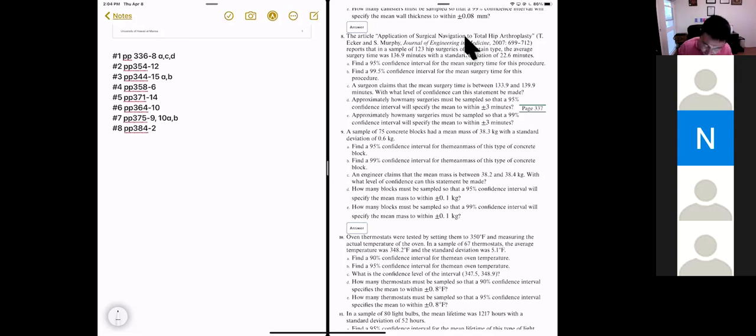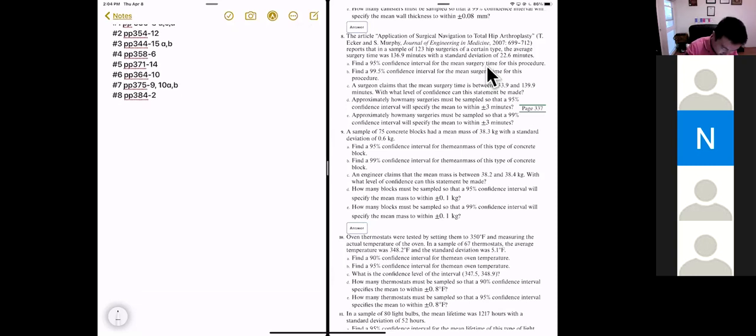For A, it is asking for a 95% confidence interval for the mean surgery time for this procedure. So this is a confidence interval for a mean value, and then we should figure out if it's for a large sample or small sample. The sample size is 123, so we know this is a large sample.